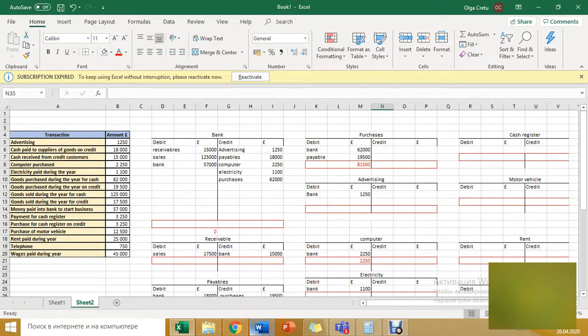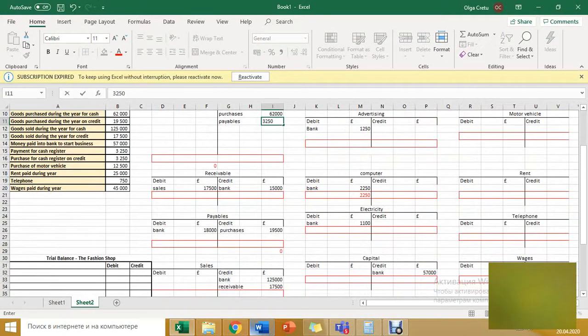We have two transactions that have the same amount, and that might actually be very confusing for you, but we paid in cash for the cash register, right? So we paid in cash, the money went out, 3,250. We paid for the asset by 3,250.